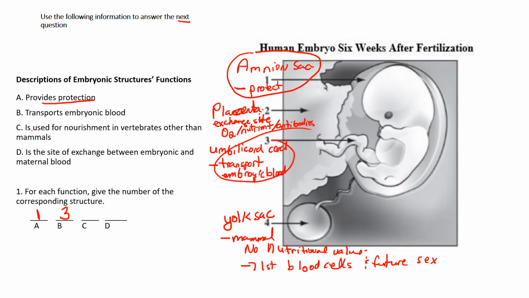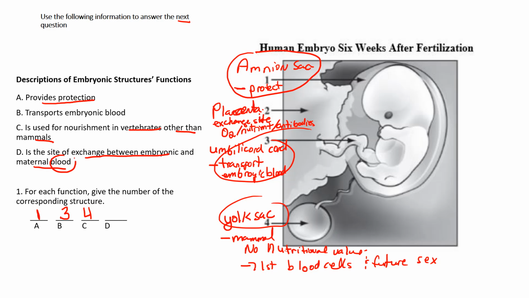And this one says is used for nourishment in vertebrates other than mammals. So chickens and stuff will use that yolk sac for nourishment, but of course not mammals. So that would be number 4. And this one said the site of exchange between embryonic and maternal blood.